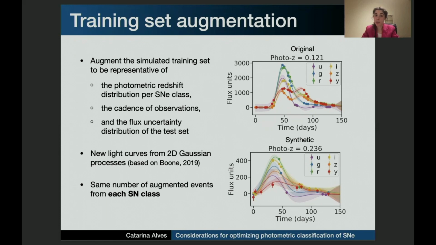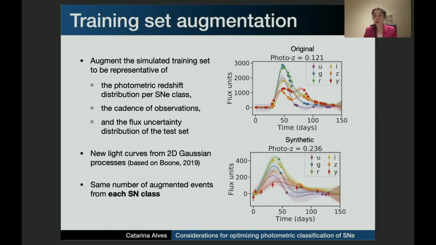This augmentation approach was based on Boom 2019, and it's basically generating new light curves from two-dimensional Gaussian processes. We can think about it as simulating the same supernova at different redshifts.